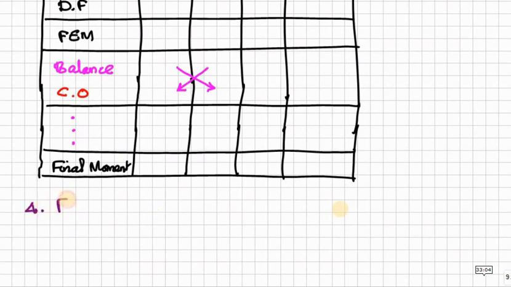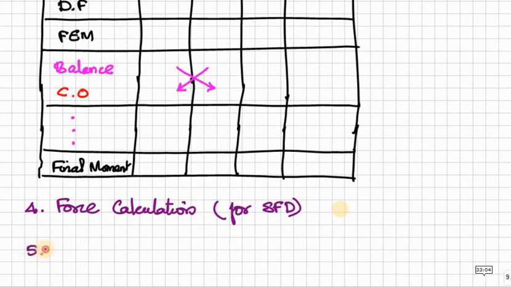So once we have the final moments, then we can calculate the forces, that is the reactions and other things, in order to calculate the shear force by considering the free body diagram of each member. So the last step will be the bending moment diagram and shear force diagram. In the next video, we will learn how to analyze beams by the moment distribution method.